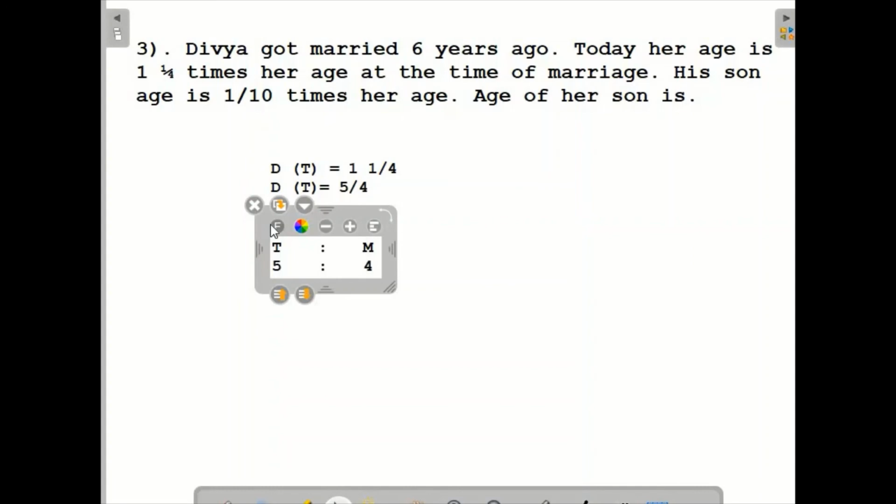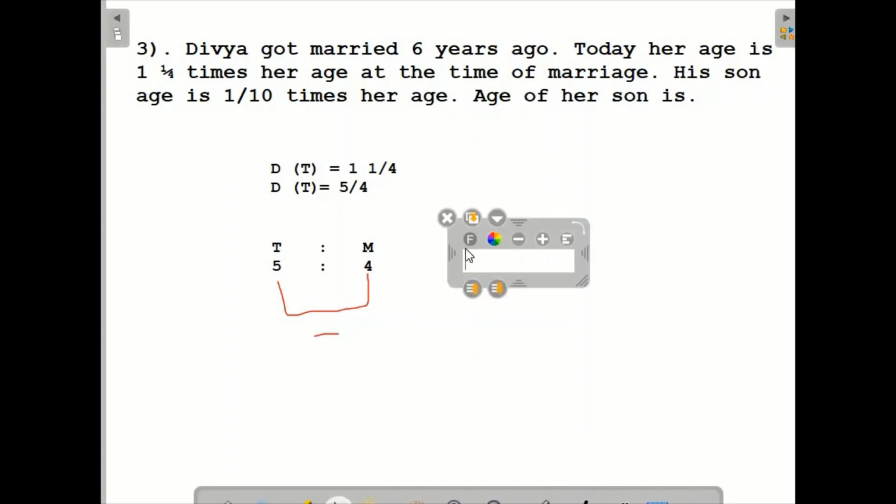As I said earlier, we have to calculate the difference of these two. So difference equal to 1, for how many years? 6 years. They have mentioned it as 6 years.